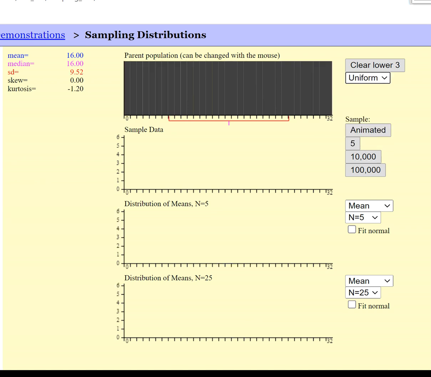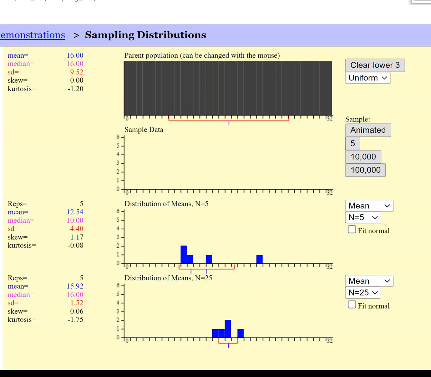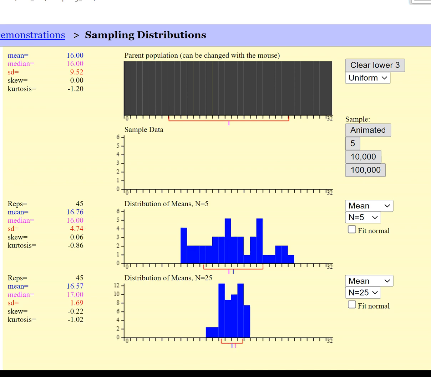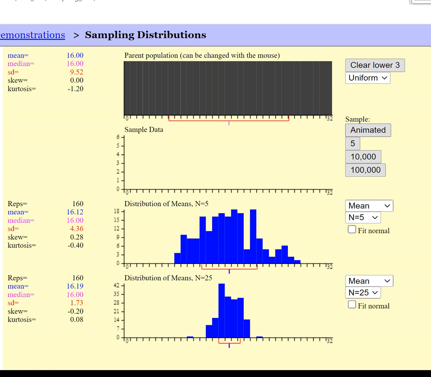So here's a uniform distribution. Every number between 0 and 32 is equally likely to be chosen. So let's take 5 samples of 5 at the top and 5 samples of 25 at the bottom. And if I carry on doing that, we can start to see the distribution building up. I think you can see that the lower one, n equals 25, is looking pretty normal.